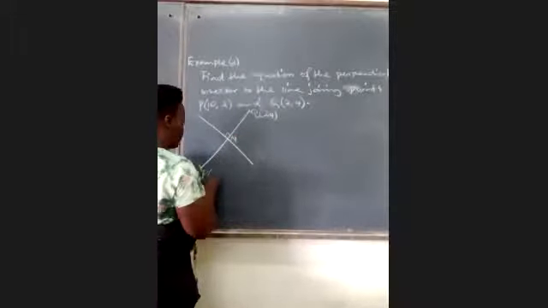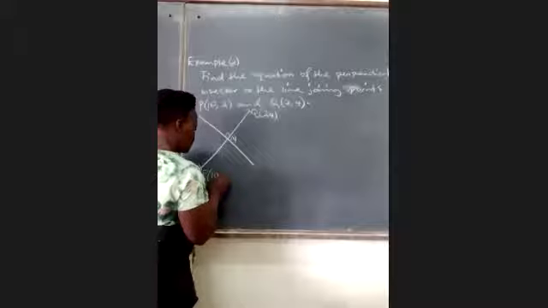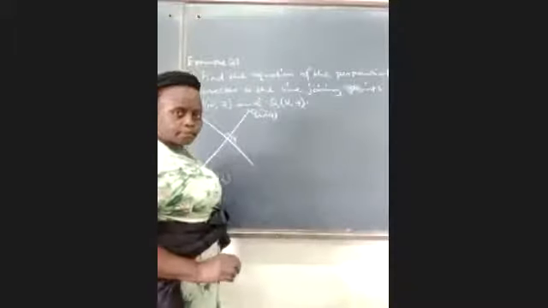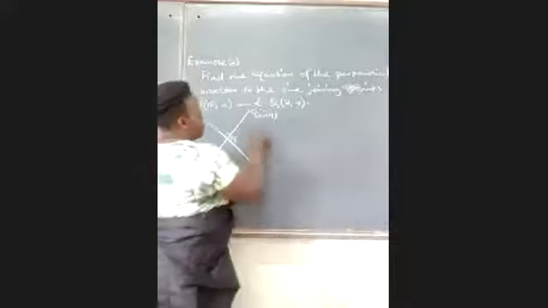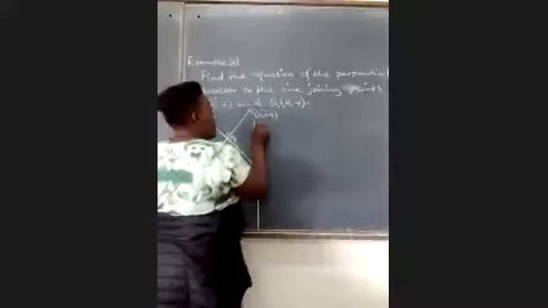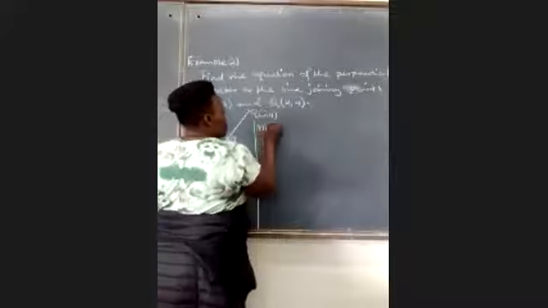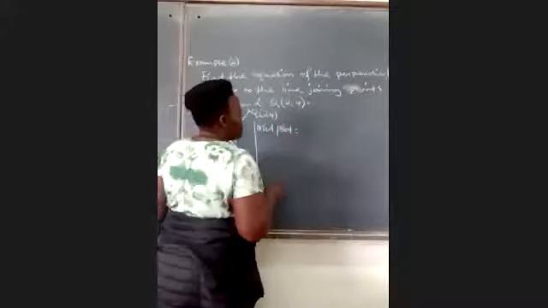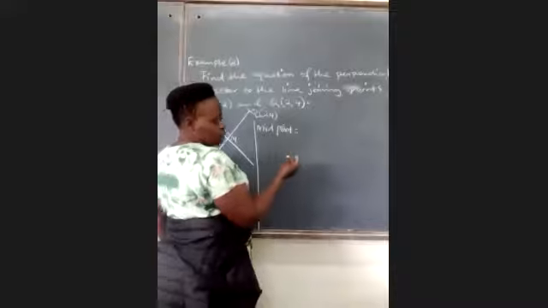How do we do that? The midpoint of P and Q will be x1 plus x2 divided by 2, then y1 plus y2 divided by 2. Yes. So we substitute in the coordinates.